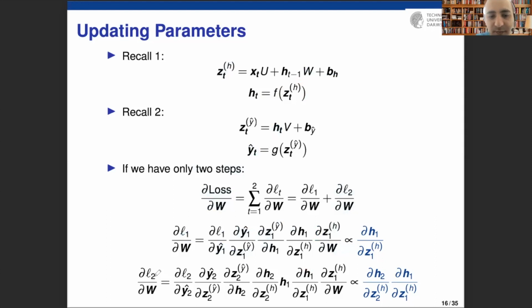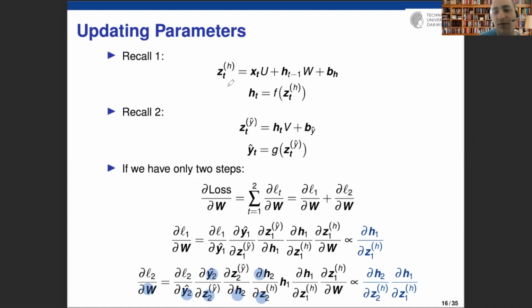What we do is calculate the gradient of L2 with respect to W. So we start from the output, L2 with respect to Y hat 2, Y hat 2 with respect to Z2 Y hat, and then the gradient of Z2 Y hat with respect to H2, and the gradient of H2 with respect to Z2, right?